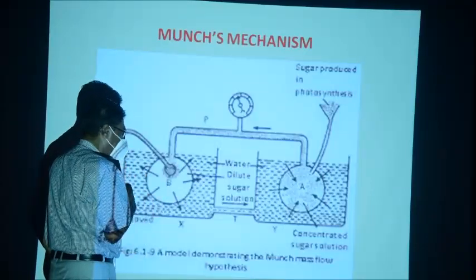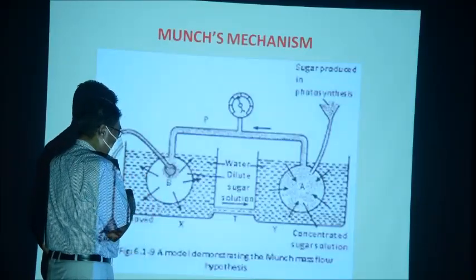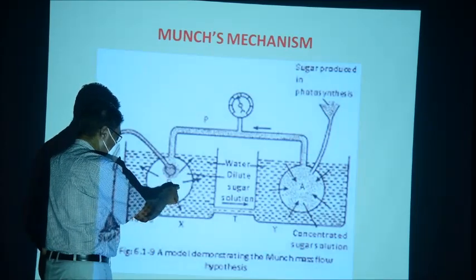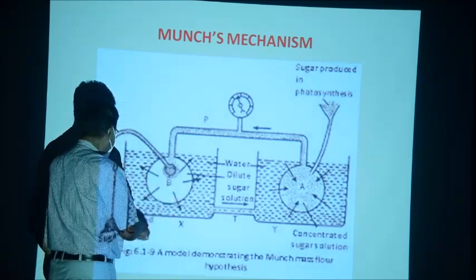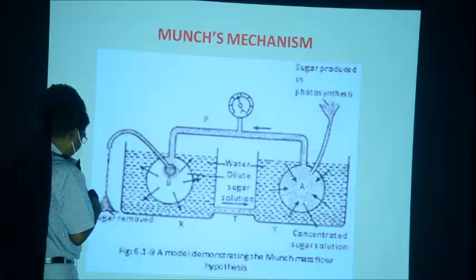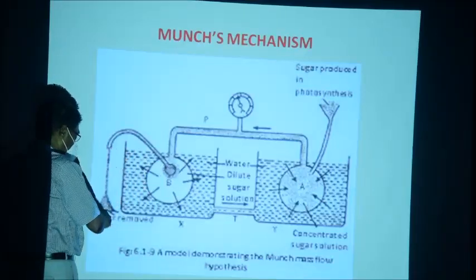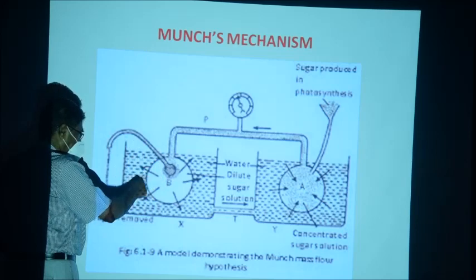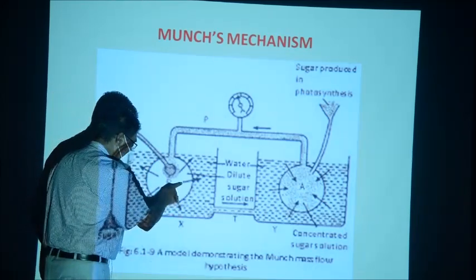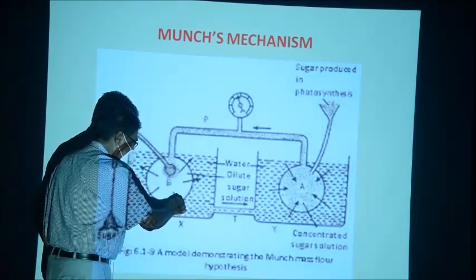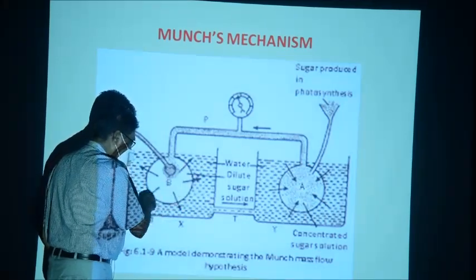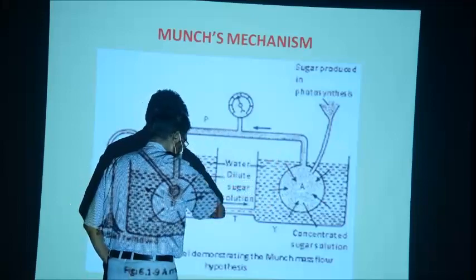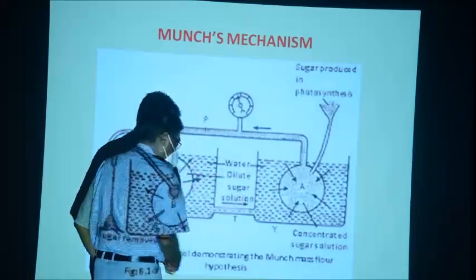Because water reaches here, if you remove the sugar that is reaching here, the concentration here decreases. So, the concentration is less here and more here. So, water moves out and there is circulation like this. These two are connected.